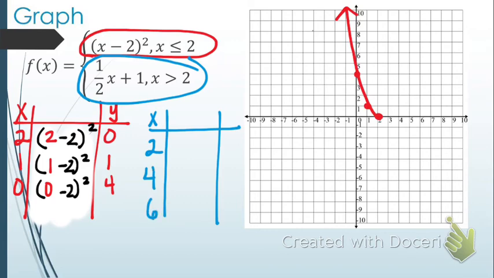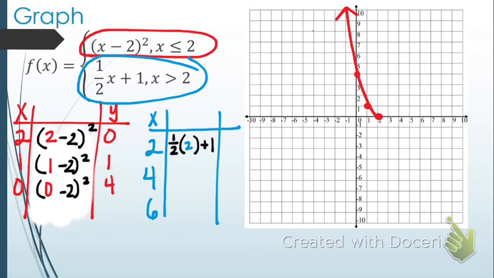All right, go ahead and use your calculators to figure out what you get. Now, you can do 2, 3, and 4, but 3 is going to be a decimal, and that's okay. I just don't want to deal with a decimal on a Monday morning. So I'm going to use 2, 4, and 6. Go ahead and take 1/2 of 2, and then add 1.